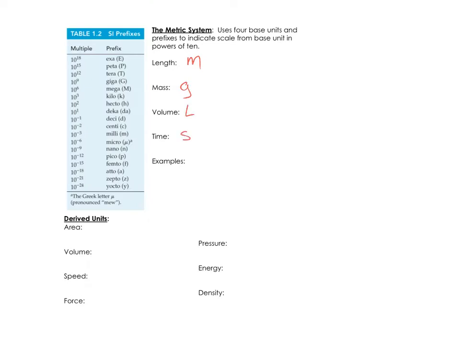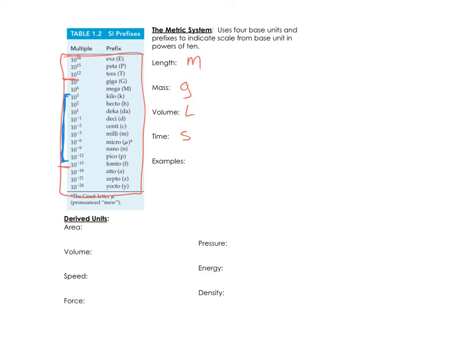And in order to scale something up, we use these prefixes. Now, in terms of the ones that you have to know, it's on your memorization sheet. If I remember correctly, it's in between giga and femto. The major ones that we use are going to be in between kilo and pico.